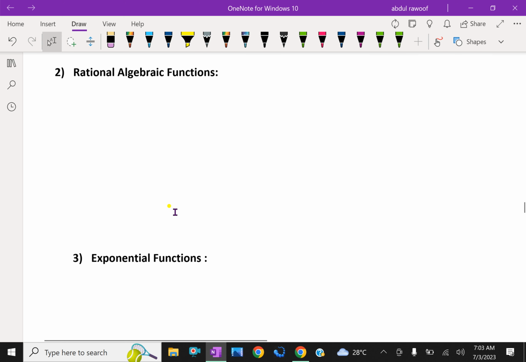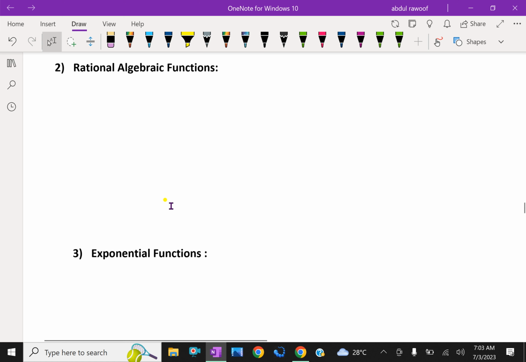Next is rational function. We know that a rational function is the division of two functions, where w equal to P of z over Q of z. P of z and Q of z are different rational algebraic functions of z.